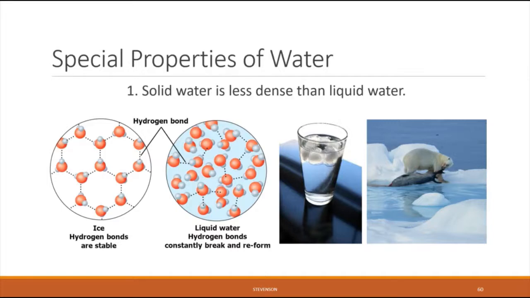And if that body of water froze solid, that would not be the case. So this is why the property of solid water being less dense than liquid water because of hydrogen bonding is essential for life on Earth. It allows for bodies of water such as lakes, oceans, etc. to not freeze solid during temperature changes.